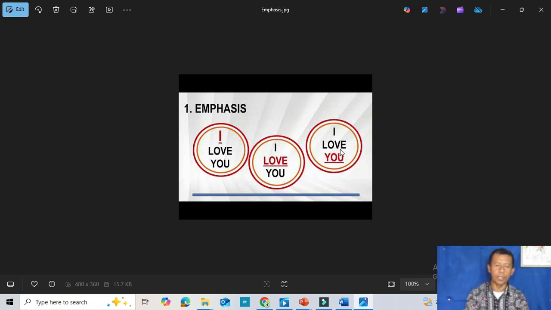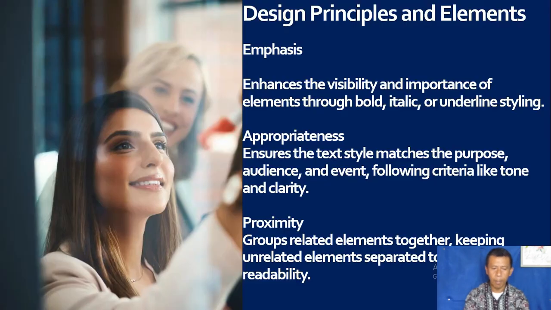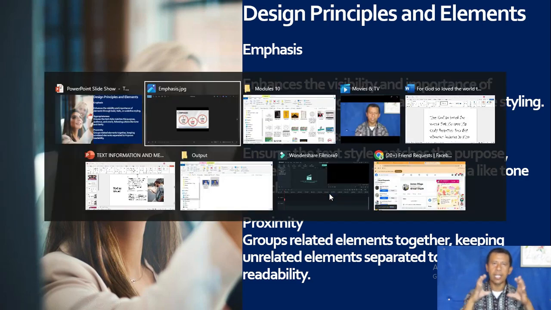Second one is appropriateness. What is appropriateness? It ensures the text style matches the purpose, audience, and event, following criteria like tone and clarity. We already did that a few minutes ago. If you want to have a wedding invitation, you can use the appropriate font style or typeface in your design element.